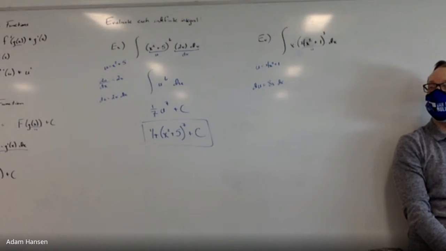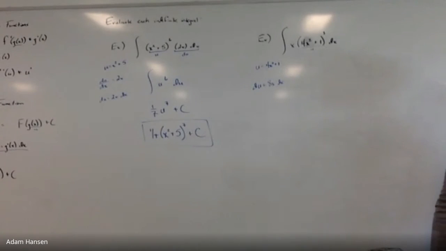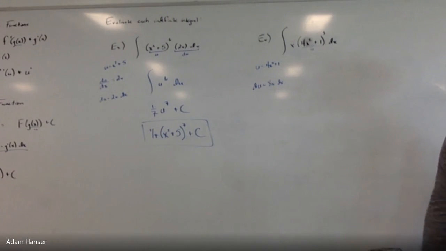I want to get rid of this 8 so that it better matches my integrand. Divide by 8, right? We can divide by 8 to cancel it out. Dividing by 8 is the same thing as multiplying each side by 1/8.